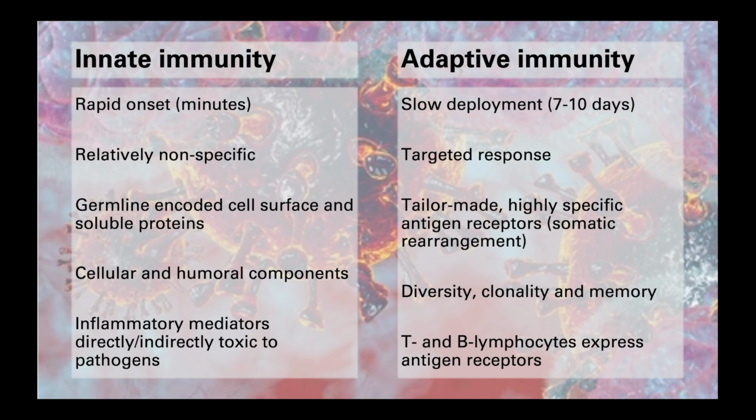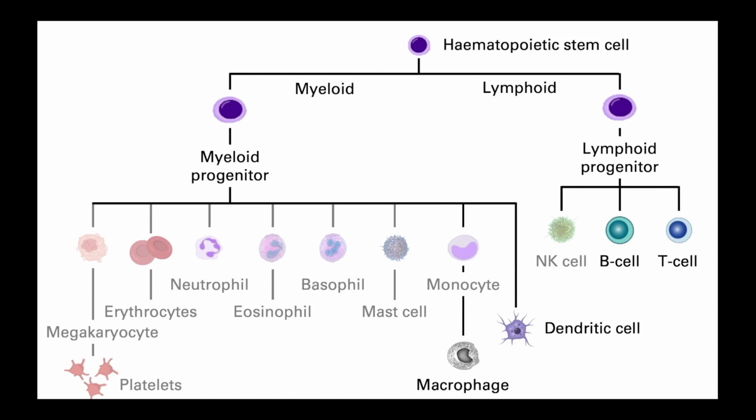And central to the adaptive response are the B and T lymphocytes. When we are talking about the adaptive immune response, we are mainly talking about those cells that are derived from the lymphoid lineage of hematopoiesis, so the B and T lymphocytes. But we also include dendritic cells as part of the adaptive response, although these really act as a link between the 2 arms of the immune system.